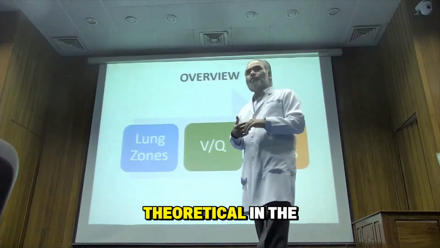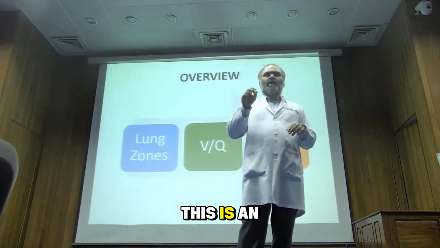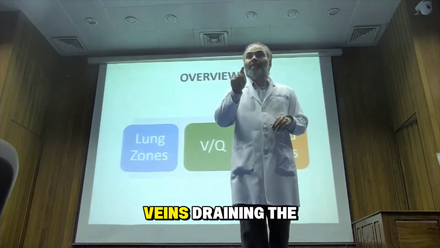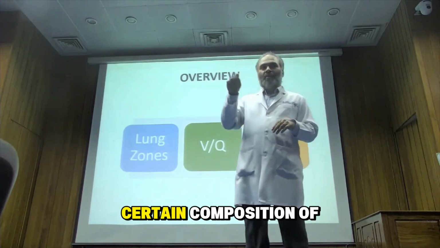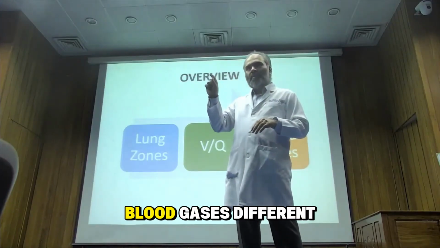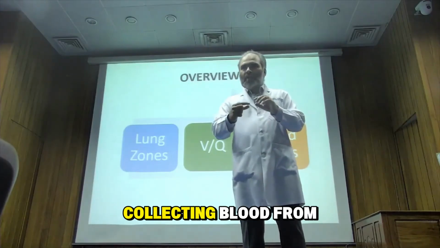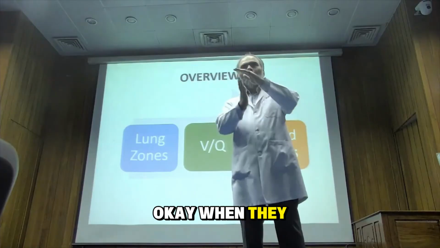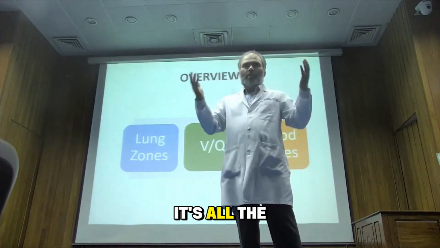These differences are theoretical in the sense that in the intact human being, this is a physiological observation that the pulmonary veins draining the upper areas of the lung would have a certain composition of blood gases different from the pulmonary veins which are collecting blood from the basal regions of the lung. When they combine and drain into the left atrium, it's all the same.